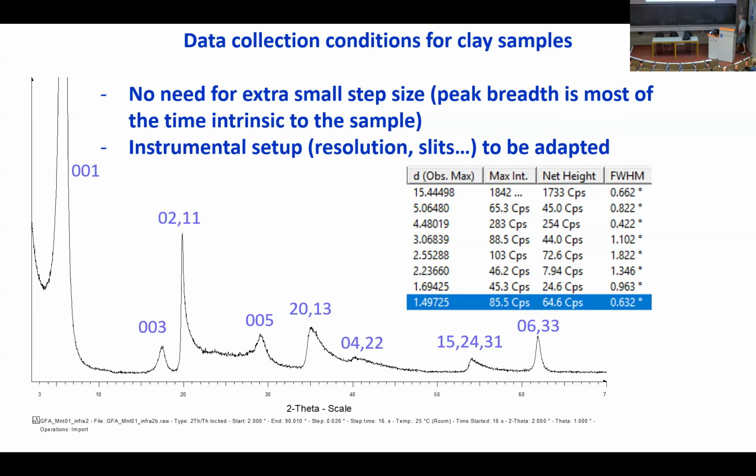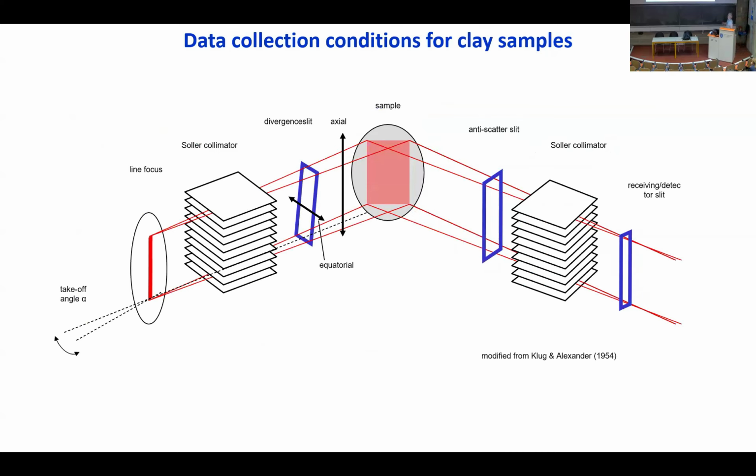There are two possible reasons for that. One is due to your sample. We have small crystal size, we have a lot of strains, it does not matter, and this results in broad peaks. The other reason could be that you have an extremely large opening of your slits on your diffractometer. On your diffractometer, this is the exact same picture I showed you before, except that it's schematized.